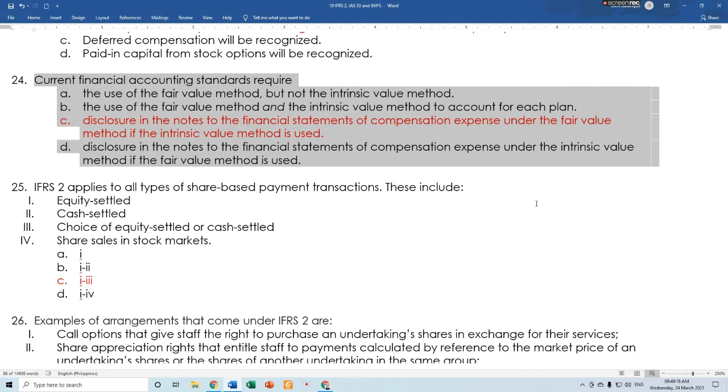Kasi obviously, mas reliable kapag gumamit ka ng fair value method. Pero, kapag ikaw ay gumamit ng intrinsic value at pwede ka naman palang gumamit ng fair valuation natin based on either active market or yung mga valuation techniques natin. So, kailangan mong i-disclose at kailangan mong explain bakit yun ang ginamit mo. Okay, so letter C ang sagot natin dyan.